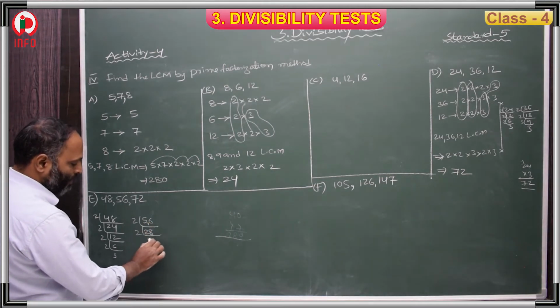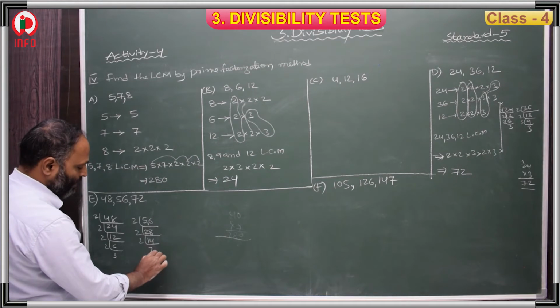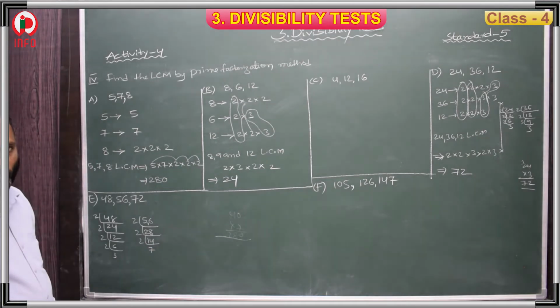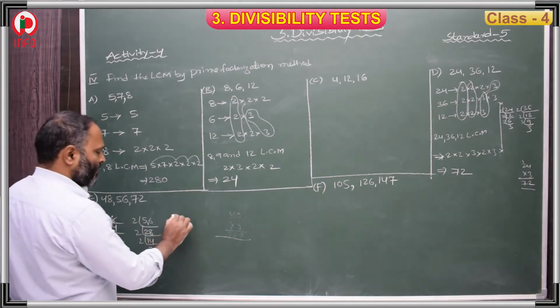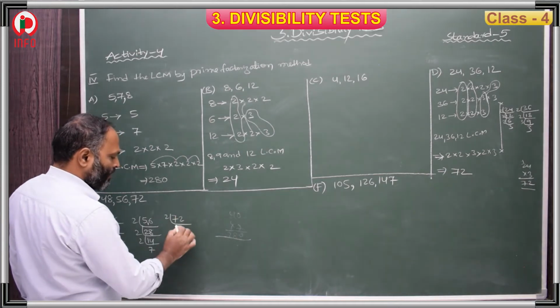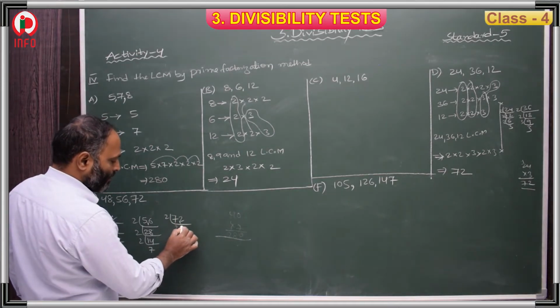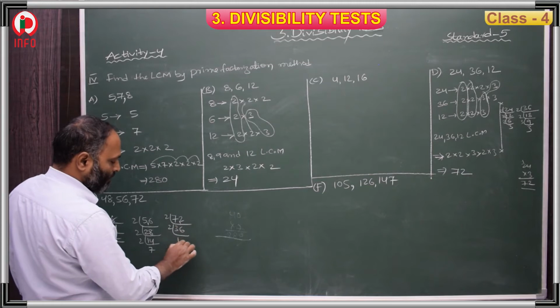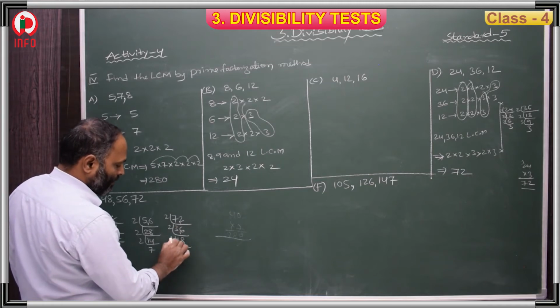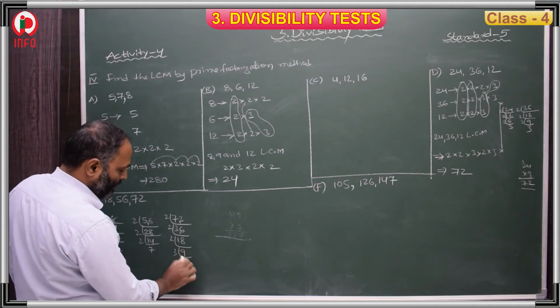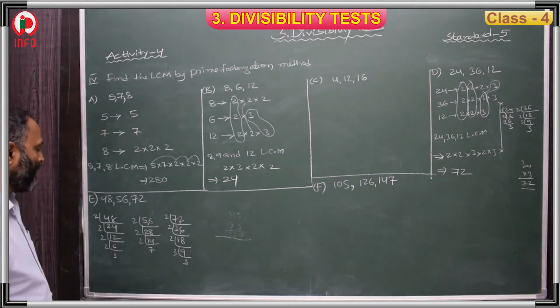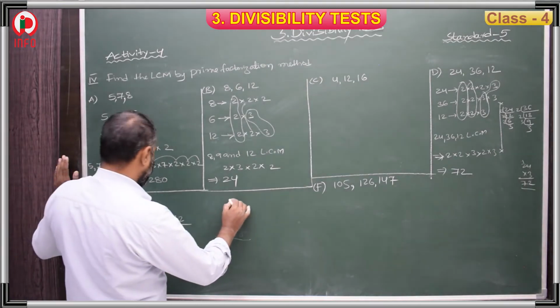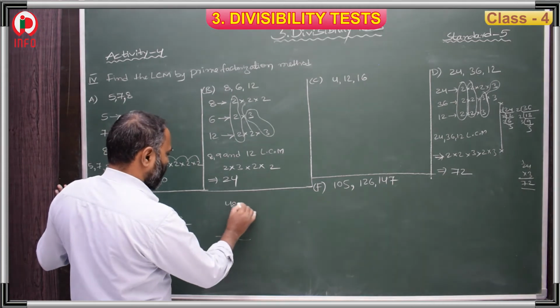Again 2 ones, 2 fours, 2 sevens. 7 is a prime number. Then 72: 2 threes are 6, 2 ones, 2 eights, 2 nines, 3 threes, 3 threes.